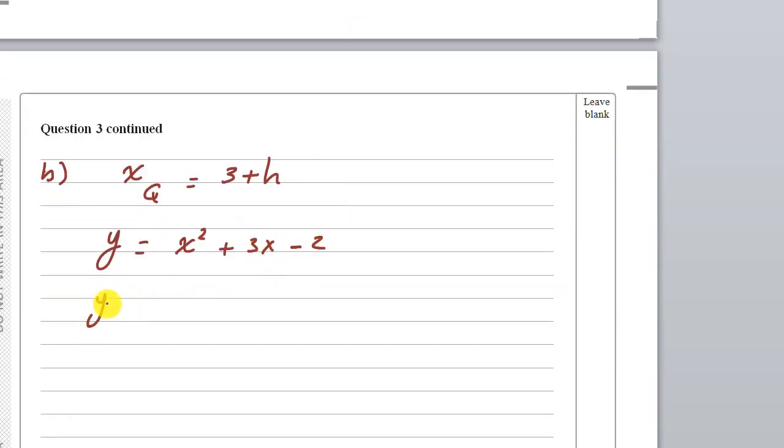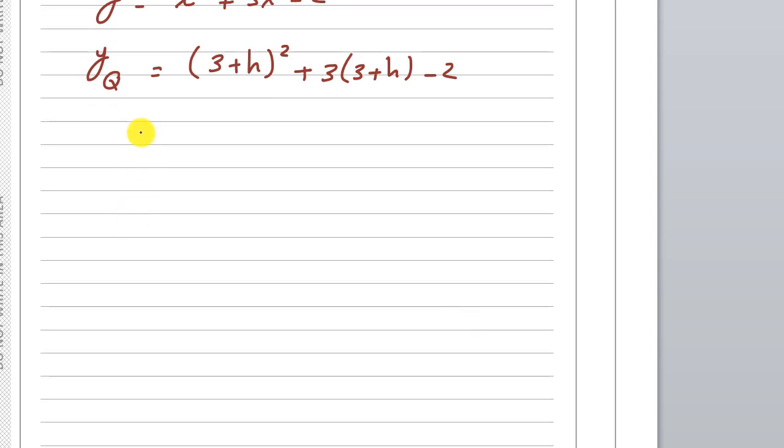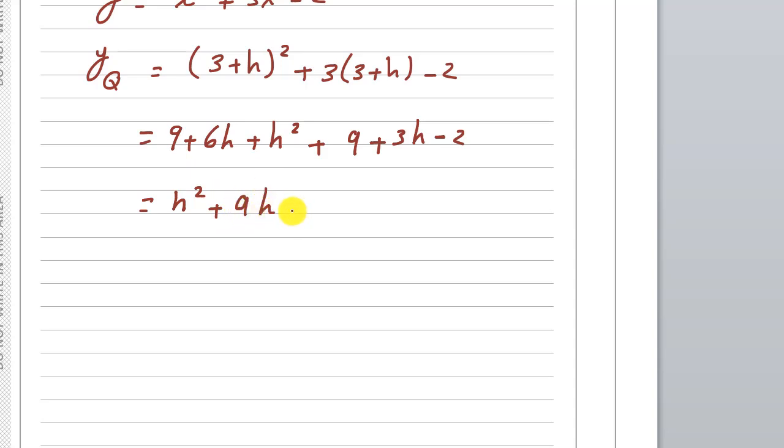So now yq is equal to 3 plus h all squared plus 3 plus h minus 2. So it's equal to 9 plus 6h plus h squared plus 9 plus 3h minus 2. So it's equal to h squared plus 9h.